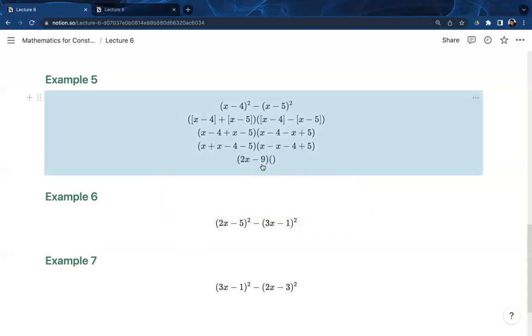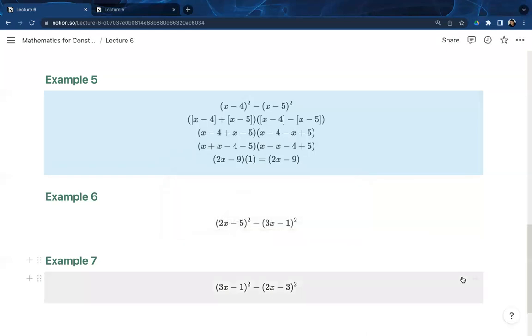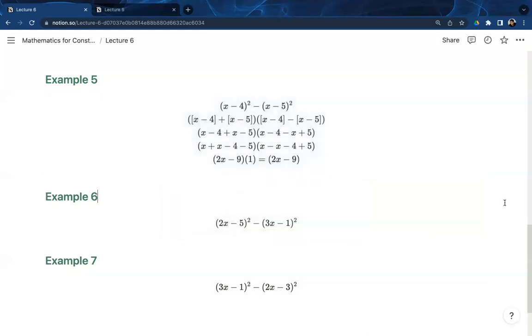The second one, the x's cancel. Minus 4 plus 5, that's 1, right? And then we just write the answer as 2x minus 9. Okay? So that's how I get that answer.